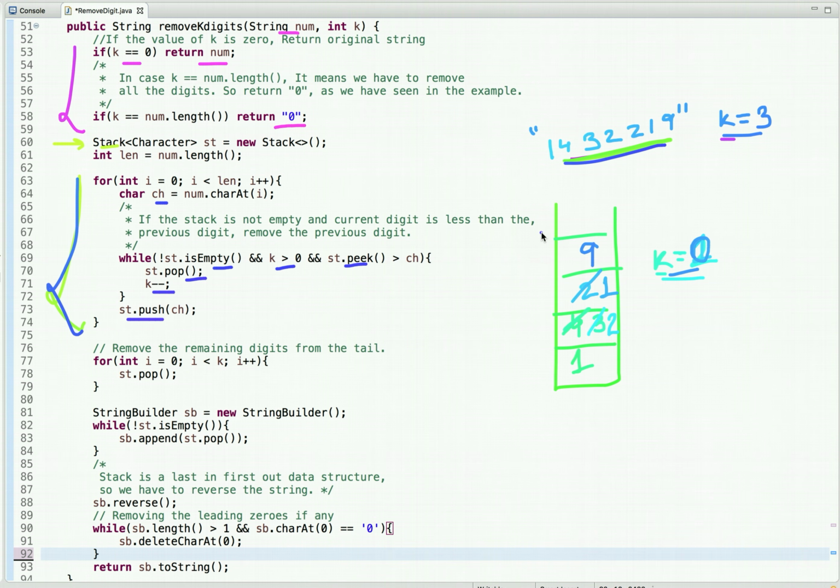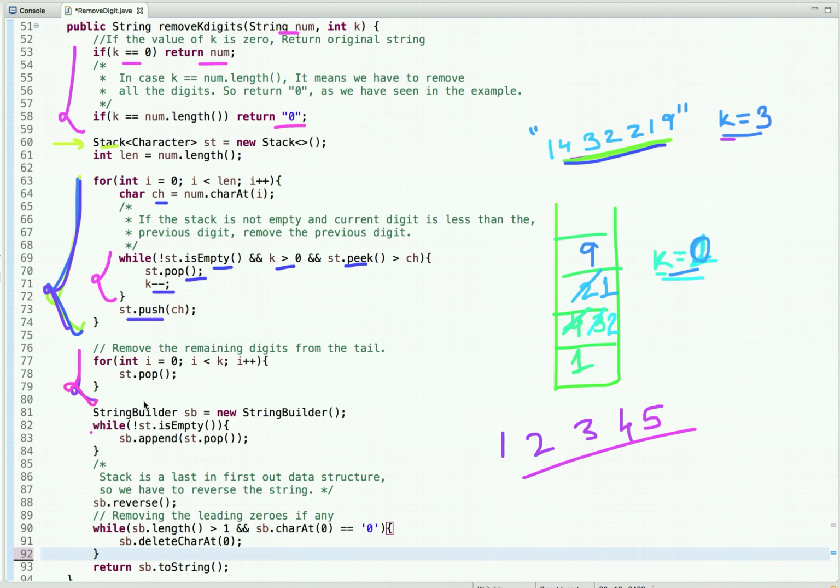After doing this step, here is the extra check. What if the input number is 1 2 3 4 5? In this case, we never go into this scenario. All the digits in this number are in ascending order, so we have to remove the last digits. We have taken care of this condition using this code.